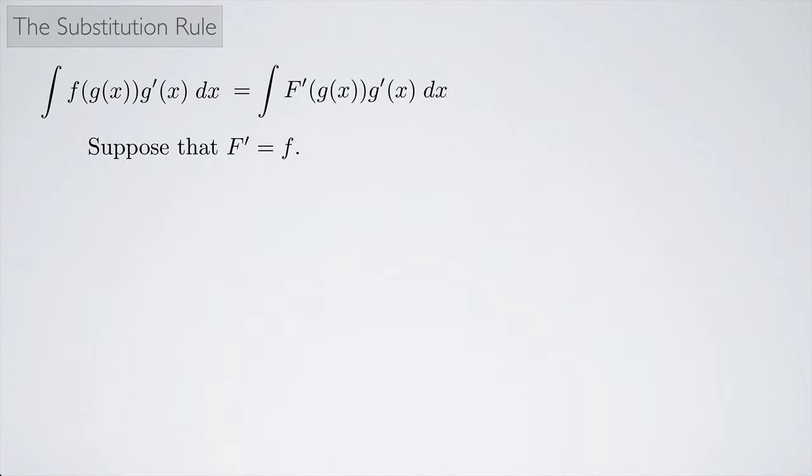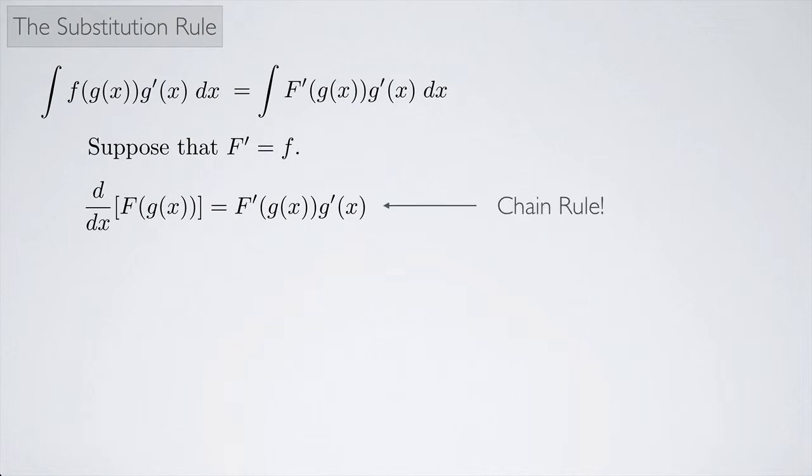And when I do that, I see that I have something that again looks like composition of functions, and it'd be nice to rewrite this maybe in terms of capital F. Well, notice that the derivative of capital F of g of x by chain rule is the derivative of the outside function, that would be capital F prime of g of x, times the derivative of what's inside, which would be g prime of x. And that's what shows up in the integral.